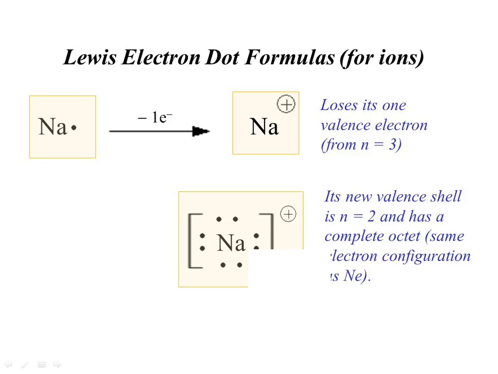If it's neutral, like we're showing you here on the left, it has 11 electrons. It loses 1 electron, and now it still has 11 protons, and now it only has 10 electrons. That's why it's a +1 charge. That's how that works. They're off balance.